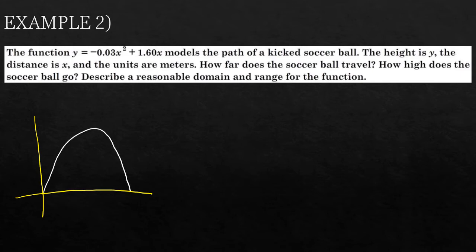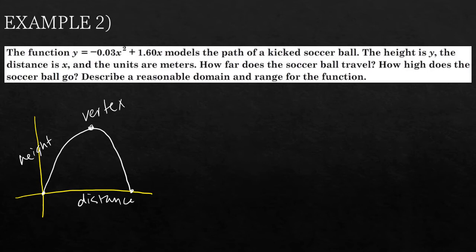What goes up must come down, right? So this is roughly my vertex, where it's going to be at its highest. And here's when it's on the ground. Okay, and it says the height is my y, and the distance is my x.